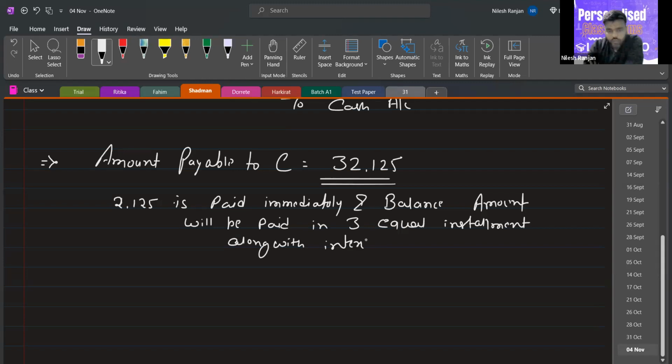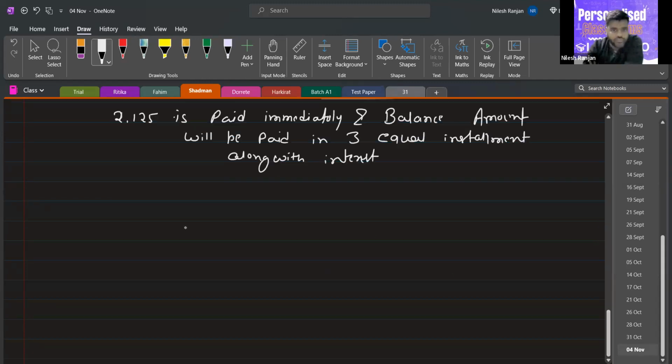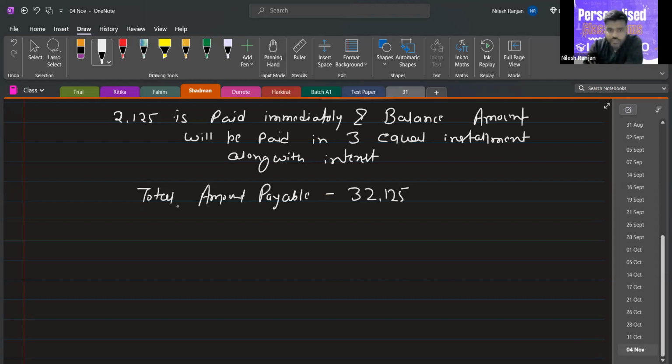Now, in this situation, 3 equal installments means the total amount payable. Total amount payable right now is 32,125, and we have paid 2,125 immediately.